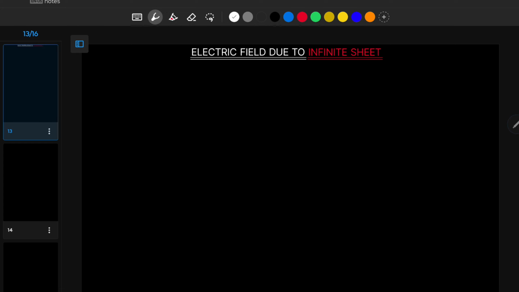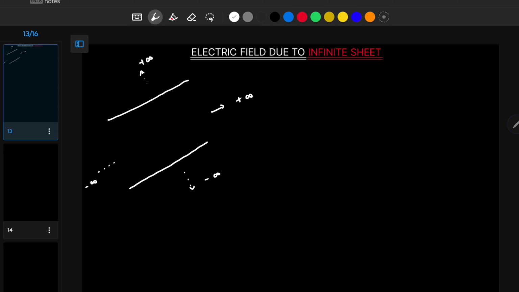Okay, so what I am going to do here is take a sheet of sigma charge density. This sheet is extending to minus infinity here, plus infinity here, plus infinity here, and minus infinity here.